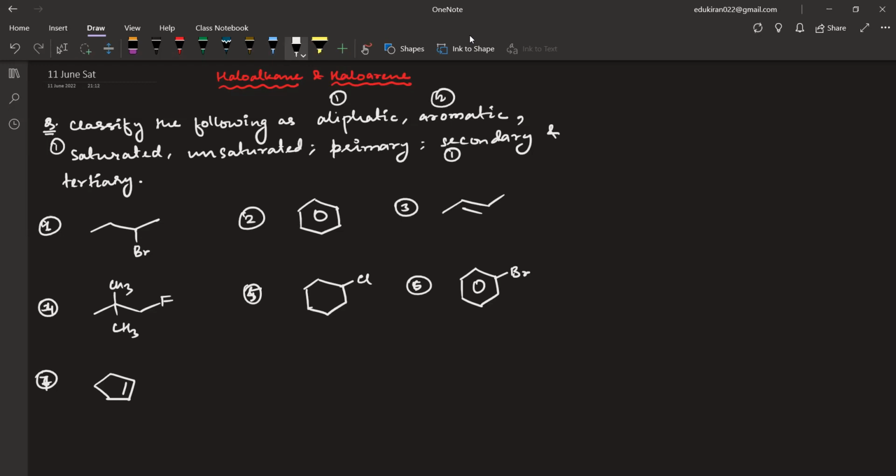Krishna and Akshay, aliphatic compounds are alkanes and cycloalkanes. Whether a long chain or a ring alkane, all of these are aliphatic.